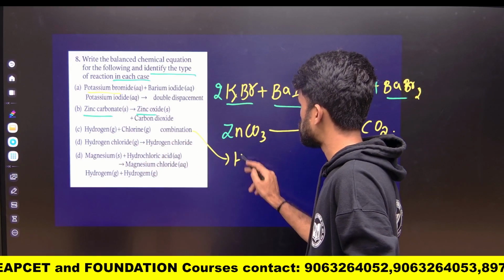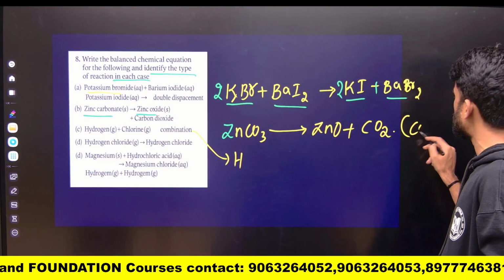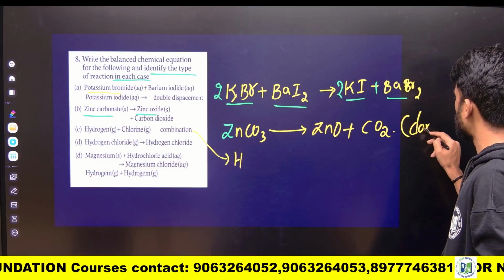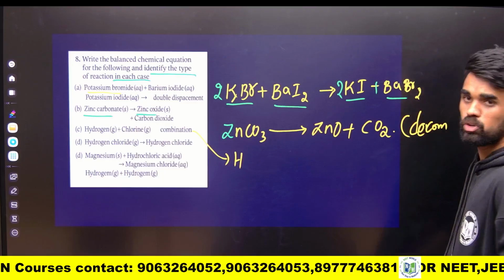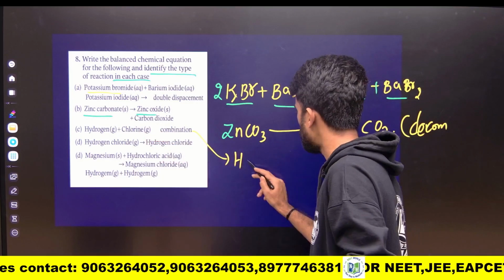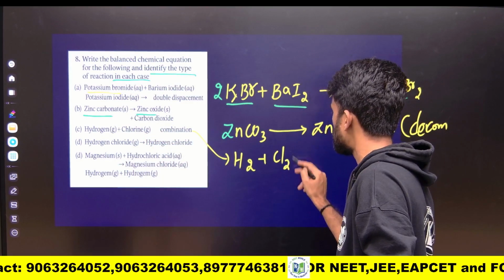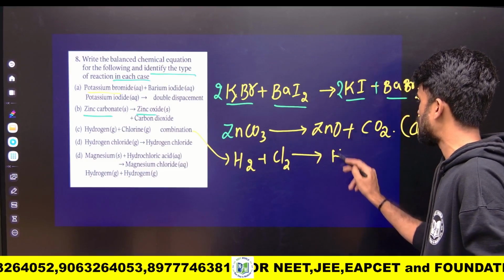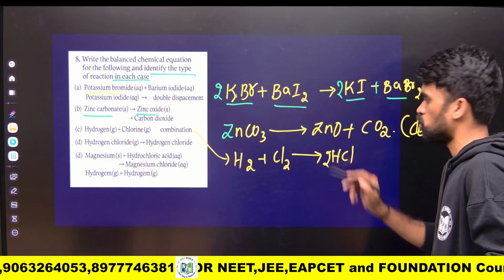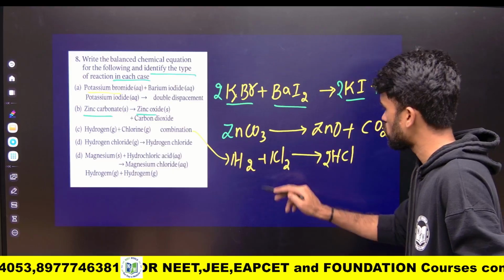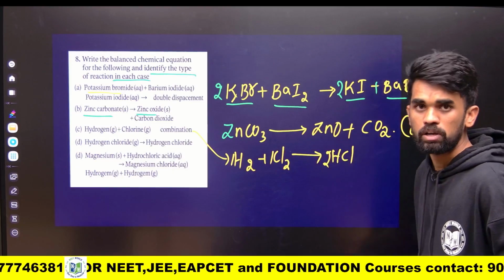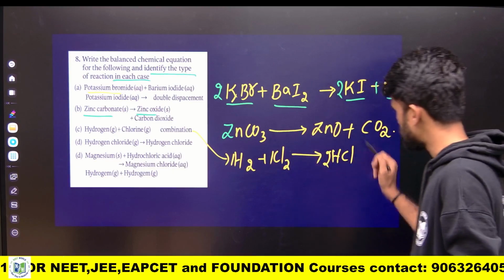What happens? This is what type of reaction? This is a decomposition reaction, and where we have H2 plus Cl2, these are two gases that combine to form a gas, that is HCl, 2 moles, okay. So one molecule reacting with another to form 2 molecules of HCl, okay. This is the reaction.